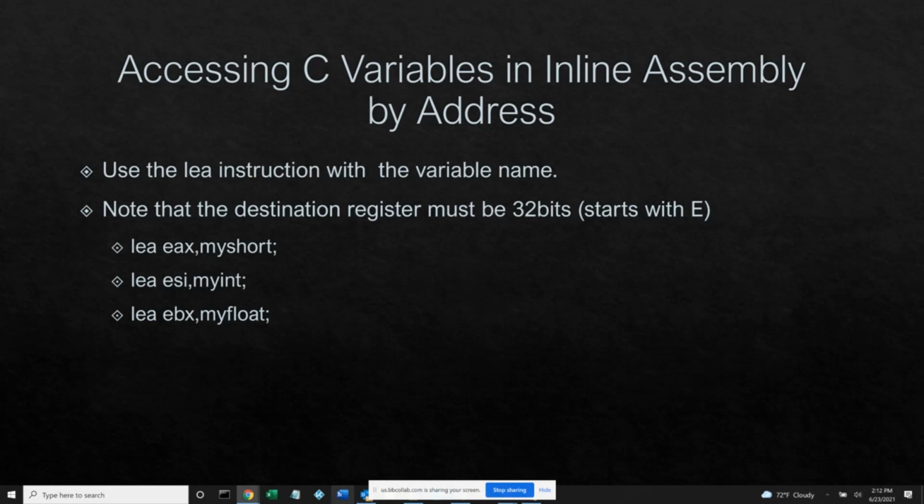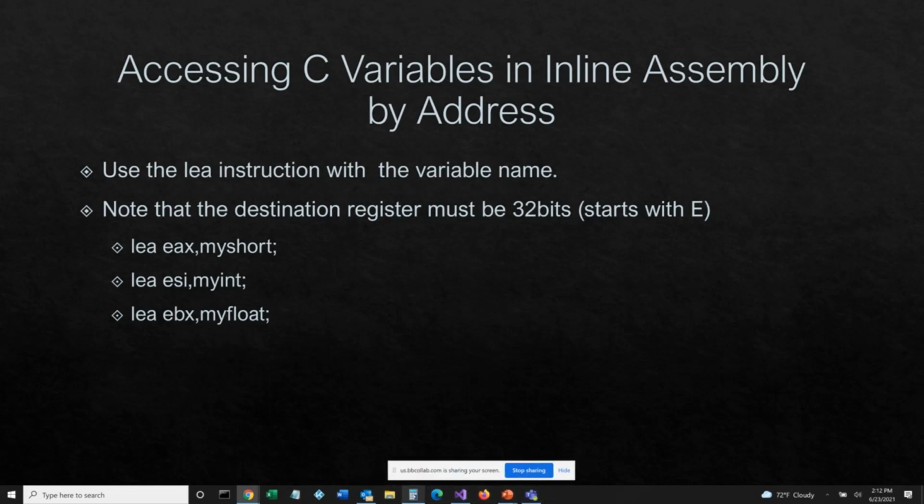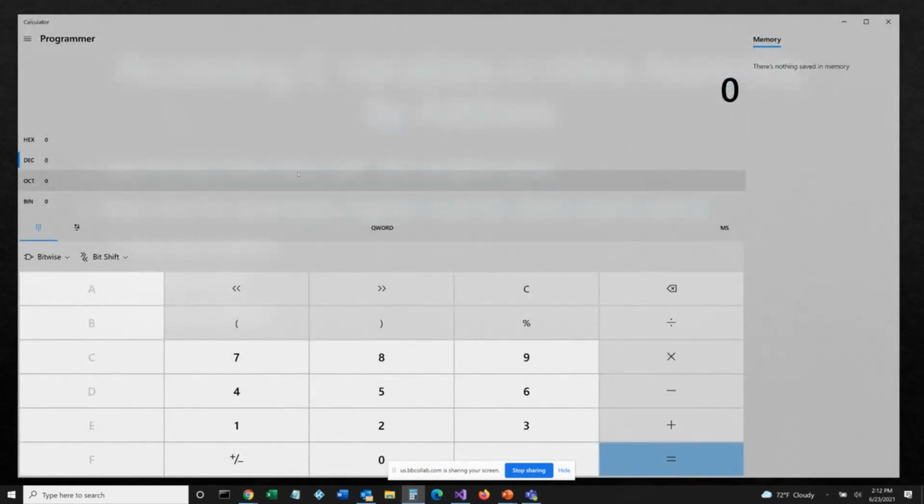Now, I was saying that I wanted to look at the calculator to show you some of these representations. This is very handy for converting values between bases. And this should be standard in Windows, even though different versions of Windows have slightly different versions of this program.